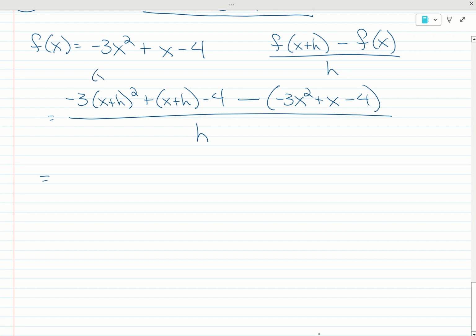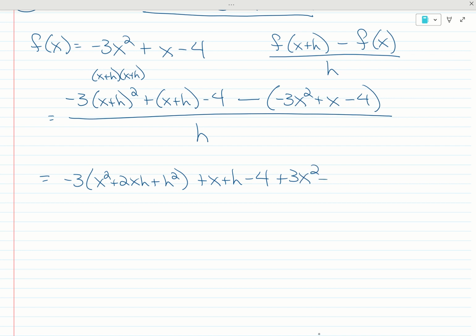For this piece, you want to make sure you distribute x plus h times itself. And you'd get negative 3 times x squared plus 2xh plus h squared plus x plus h minus 4 plus 3x squared minus x plus 4.